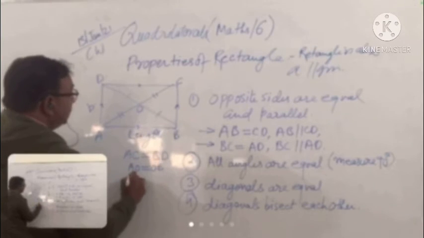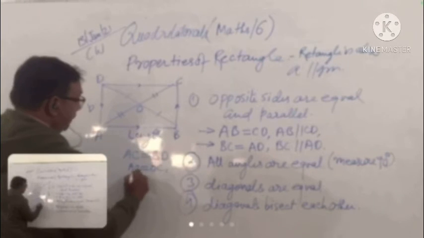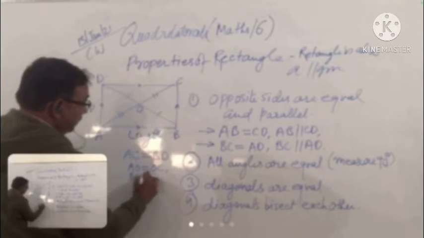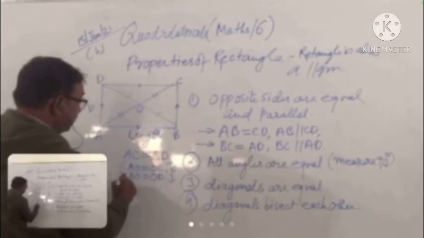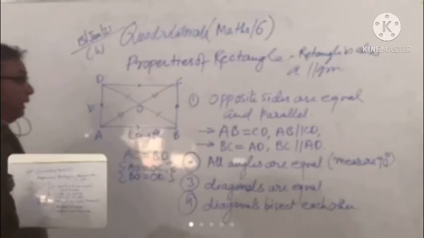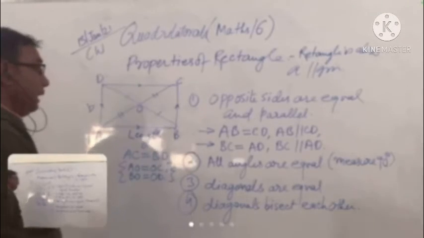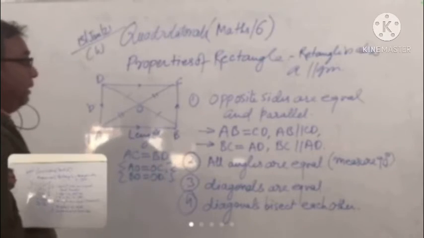But the diagonals are equal, so it means that BO is equal to OA also, or OD is equal to OC also. Means the diagonals are equal, their halves are also equal, they bisect each other.